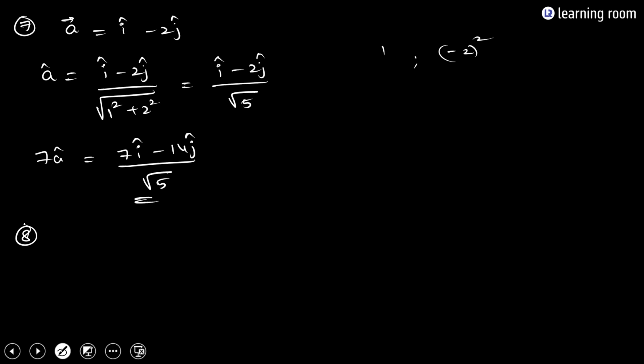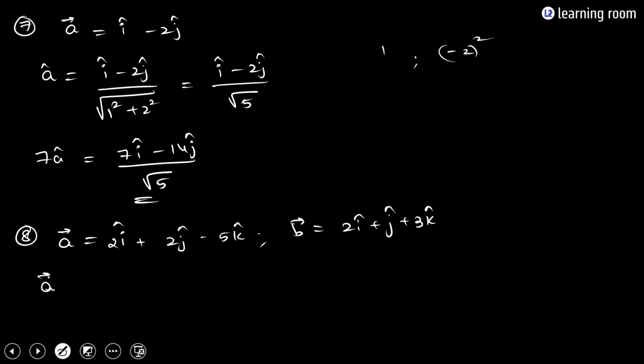Eighth one. A vector is equal to 2 i cap plus 2 j cap minus 5 k cap, and b vector is equal to 2 i cap plus j cap plus 3 k cap. Find the unit vector in the direction of the sum of these two vectors. So a vector plus b vector is 4 i cap plus 3 j cap minus 2 k cap.